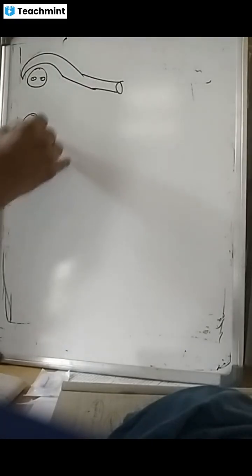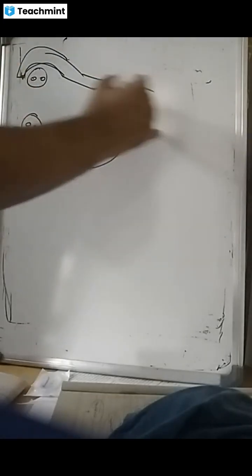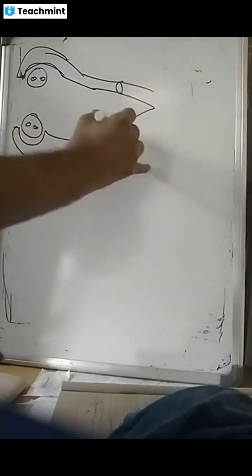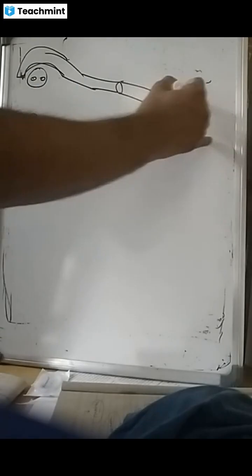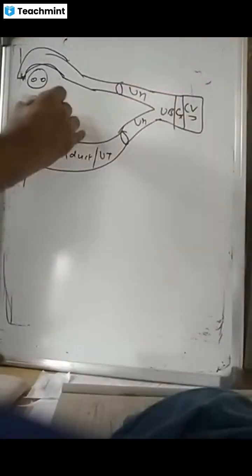So this part is over. Now the next part, the oviduct, and then the uterus. The ovary is turned cranially, and there is a tube with one opening into the abdominal cavity.